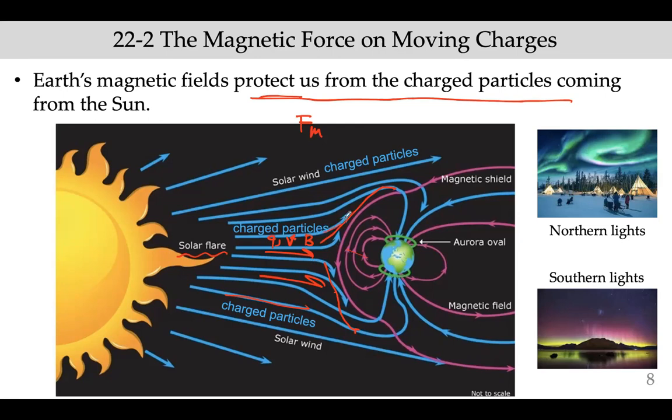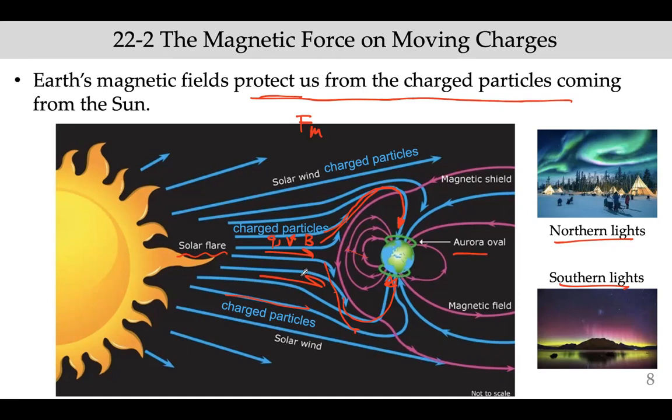So what happens is these charged particles actually go in this direction to the North Pole and the South Pole. And the result is the northern lights and the southern lights. These charged particles produce these lights, and here it's also called the aurora oval in the north and in the south.